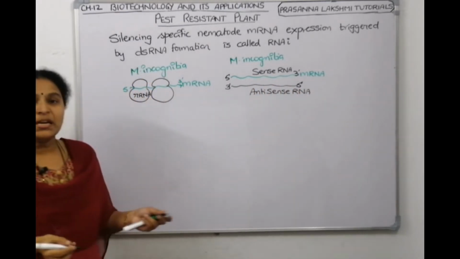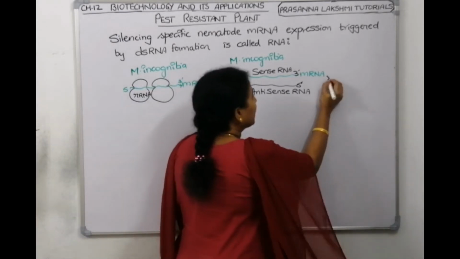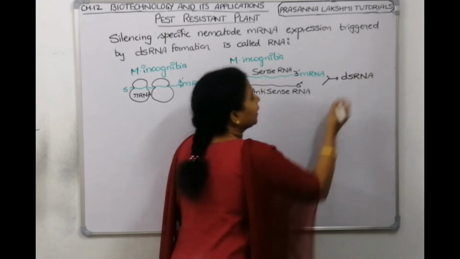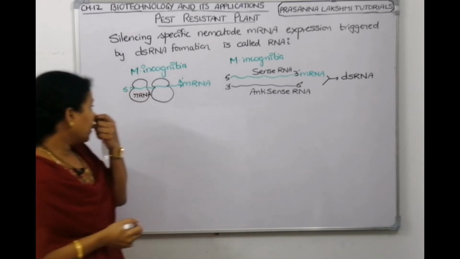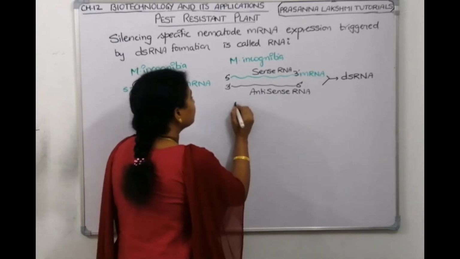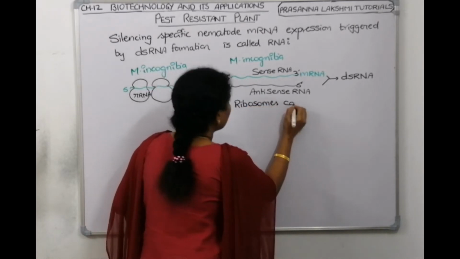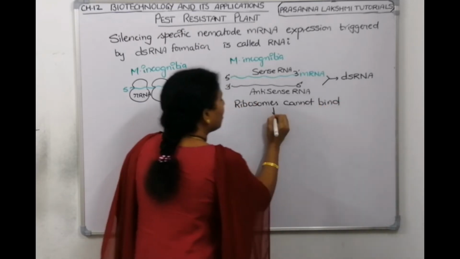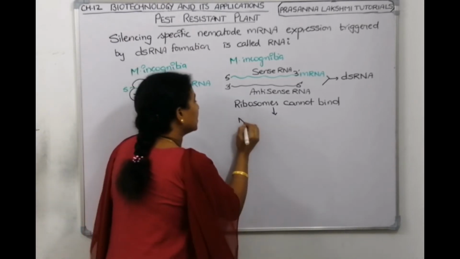When you introduce an antisense RNA, together it becomes a double-stranded RNA. If it becomes a double-stranded RNA, it cannot bind to ribosomes. So what happens? Ribosomes cannot bind. If ribosomes cannot bind, no translation, no protein synthesis.